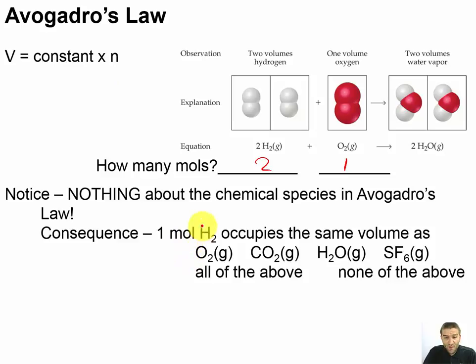Now, this is actually telling us that 1 mole of H2 occupies the exact same volume as any of these above. We don't care about its mass. I like to call this the "I can't see you" rule. When a gas is behaving ideally, those molecules are going to be so far apart that their repulsions and attractions are not actually at play.